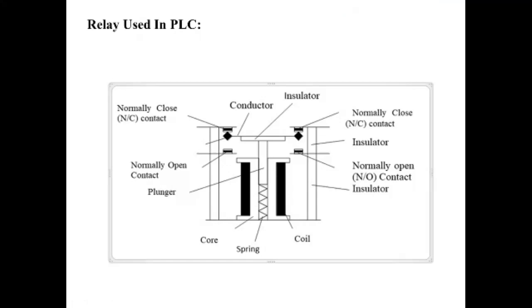So basically, what does relay mean? What the relay performs, all these activities come under this point, that is relay. Sometimes this relay is also called a contactor in the language of the PLC. Early electrical control systems were composed mainly of relays and switches.